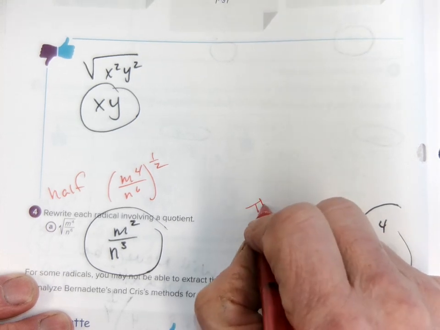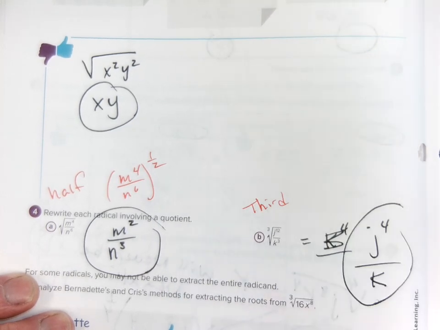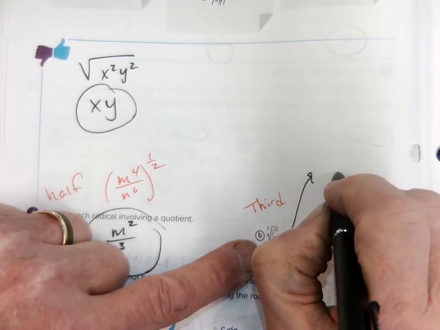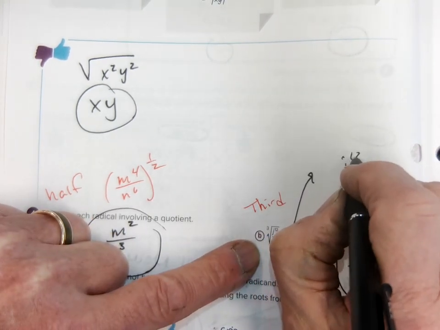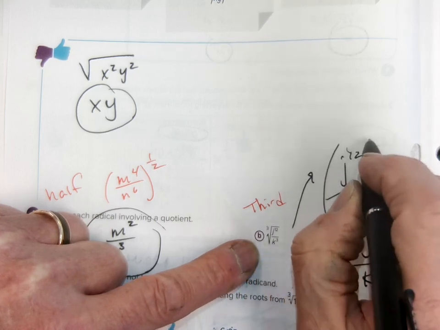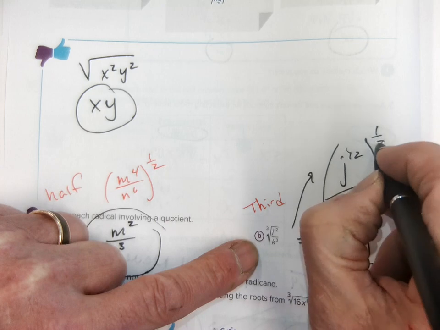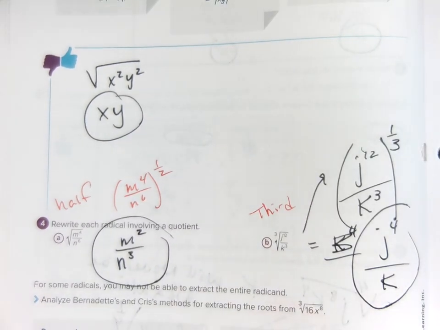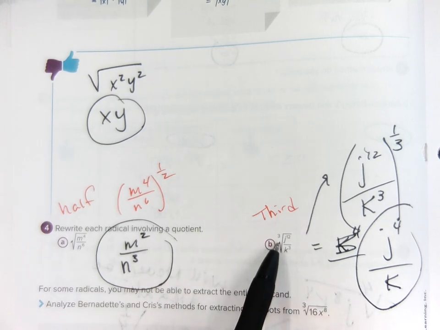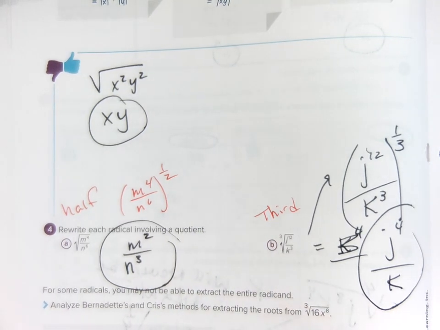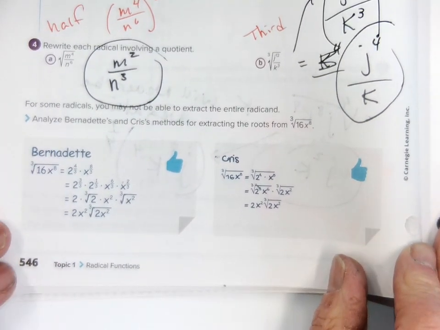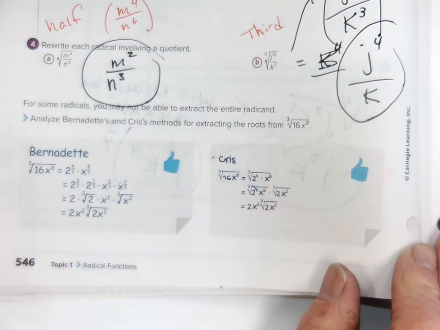I know that I could rewrite this another way, j12 k3 to the 1/3 power. Okay, that's another way to do it. But I think if you just remember that it's a cube root, take a third of the exponents, right? We'll get it.